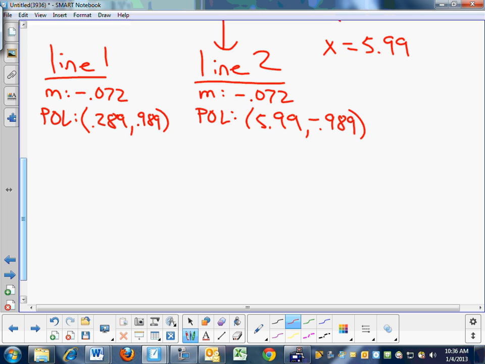What do you got? 1. Does that look right? Group 1? Okay. Somebody got line 2?